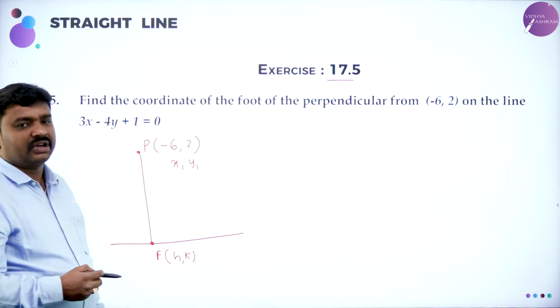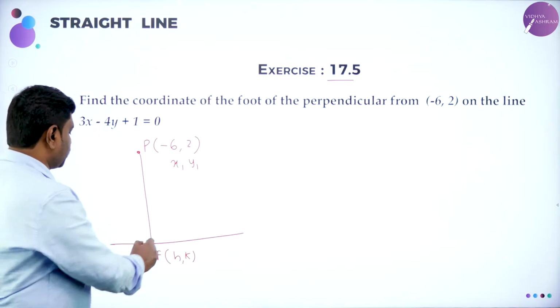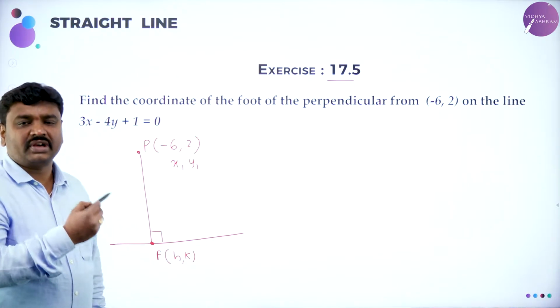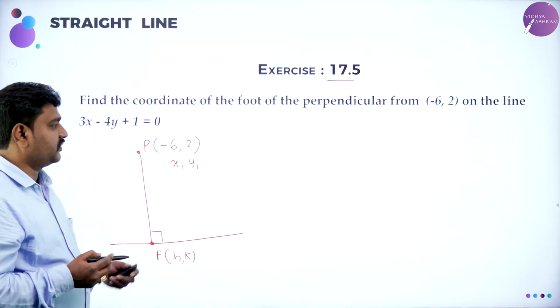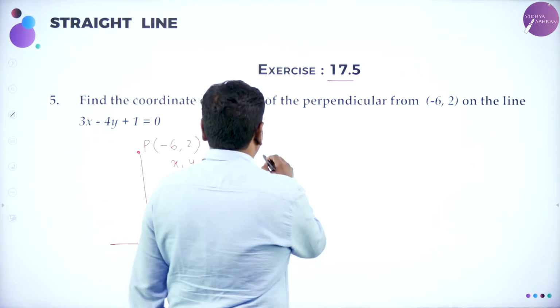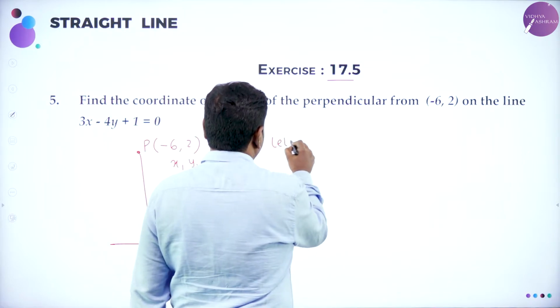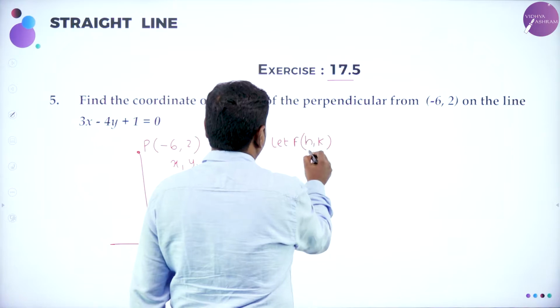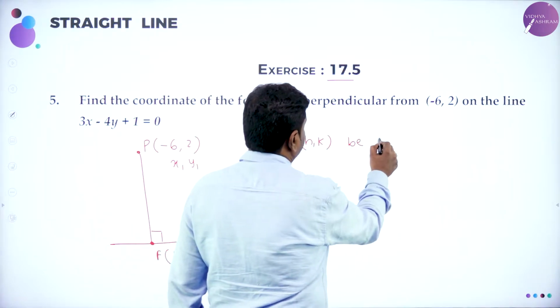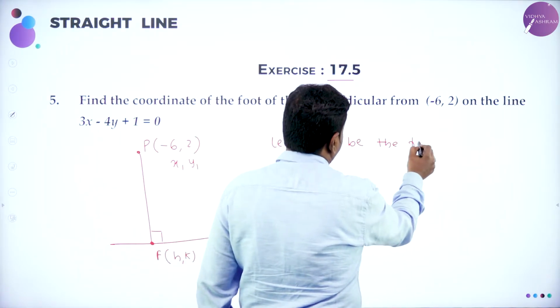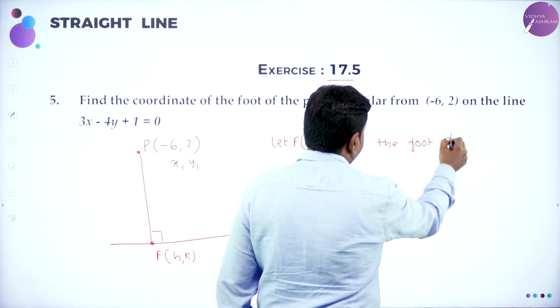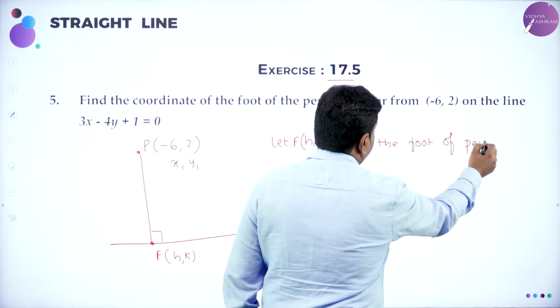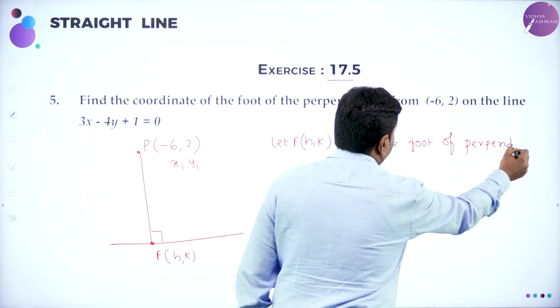Directly we can use the formula, in spite of these two lines being perpendicular with the product of slopes being minus 1. For the foot of perpendicular, we assume h comma k, this point we name it as F, be the foot of perpendicular. Then we can directly use the formula to find the foot of perpendicular.